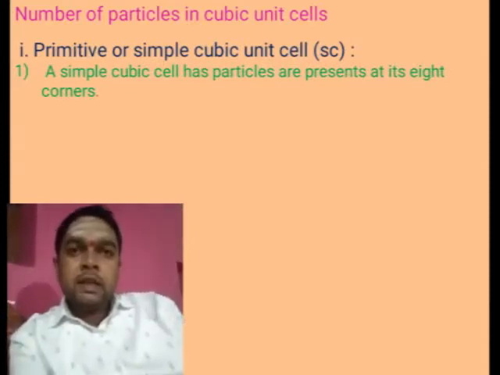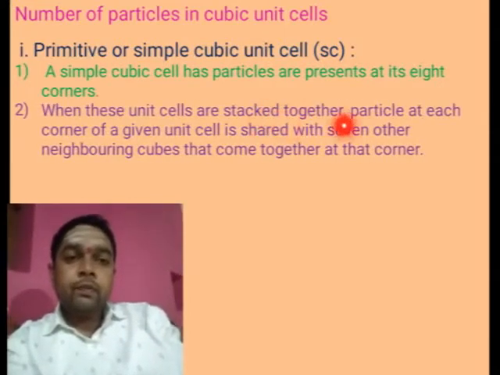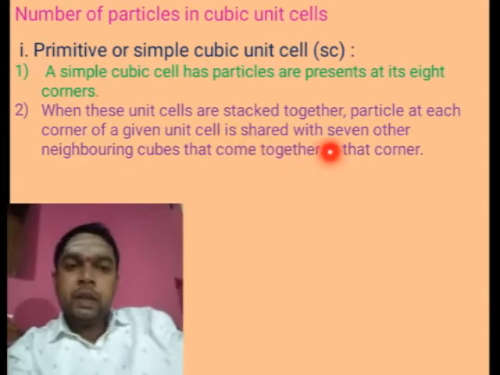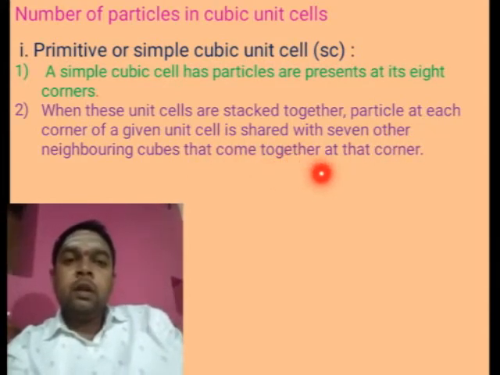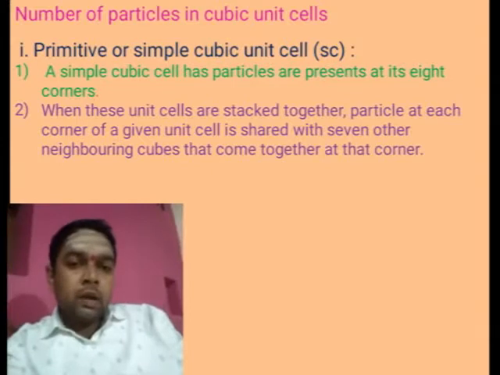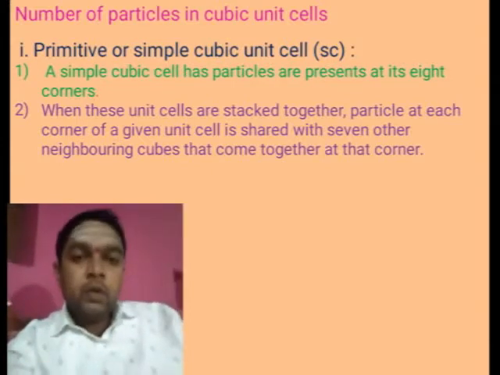These unit cells are stacked together. The particle at each corner of the unit cell is shared with 7 other neighboring cubes that come together at the corner. It means one constituent particle contributes to 8 unit cells in all.